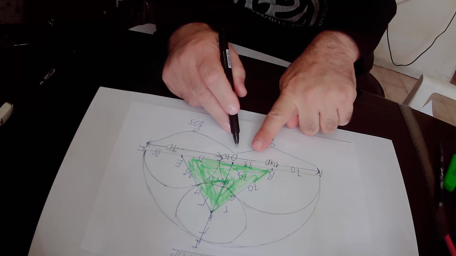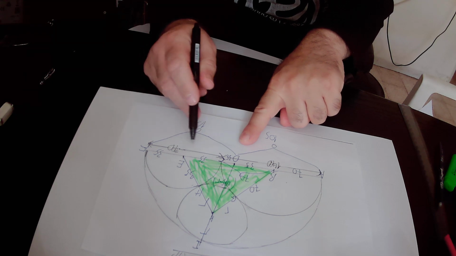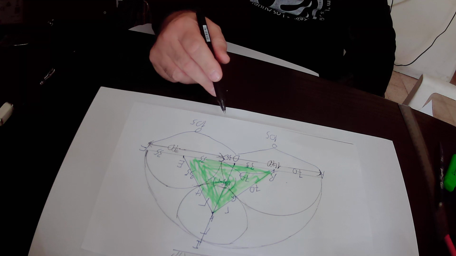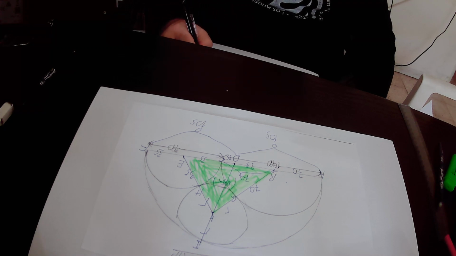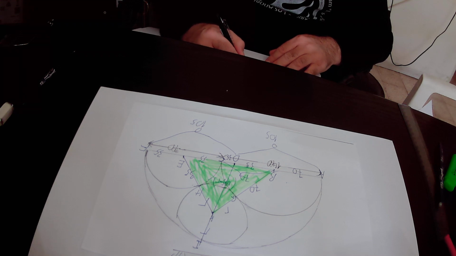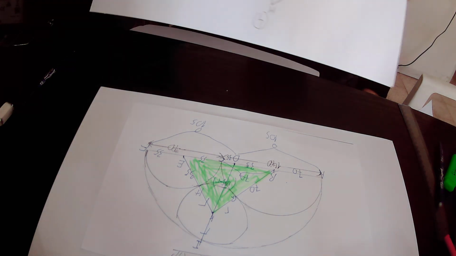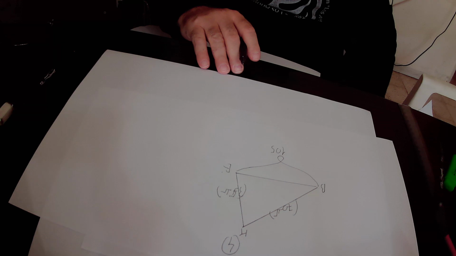BO equals 35 units and OE equals 35 plus 35. That is to say BE equals 35 plus 35 plus 35, that is 105 units. So this is actually triangle KBE, the green triangle that I copied from the original drawing.